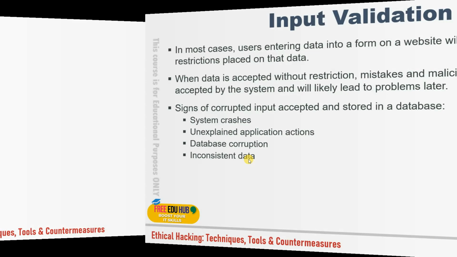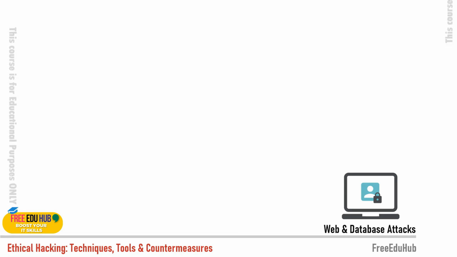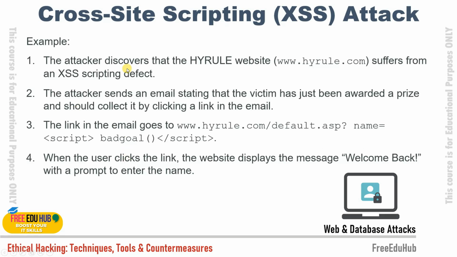Now we have cross-site scripting attacks. Cross-site scripting attacks are quite common these days. These attacks usually rely on a variation of the input validation attack, but the target is different because the goal is to go after a user instead of an application or the data.